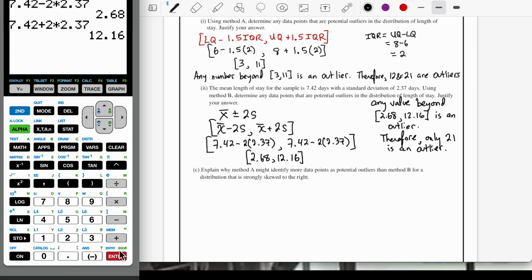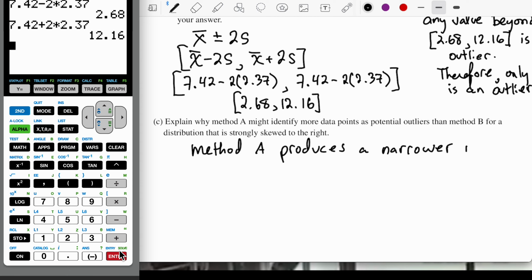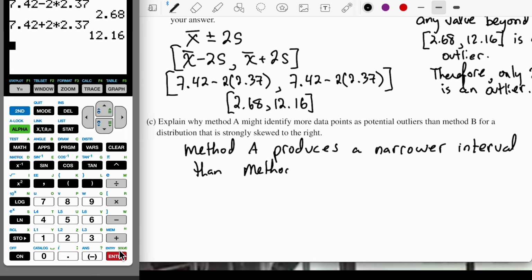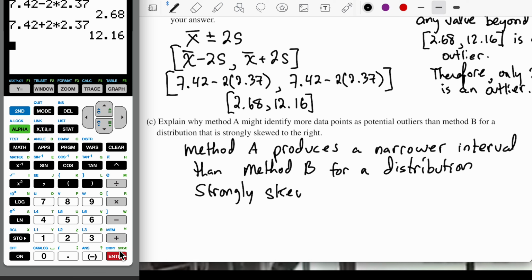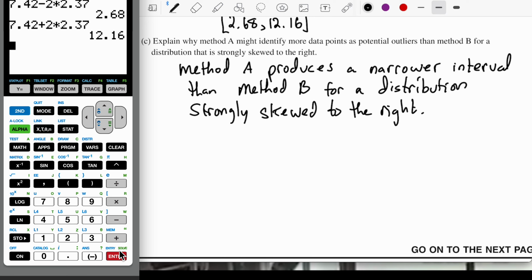So method A produces a narrower interval than method B for a distribution strongly skewed to the right. This allows for more values to be considered an outlier.